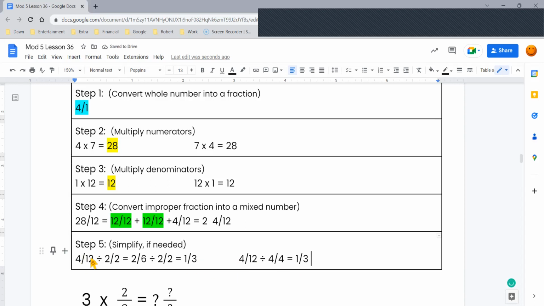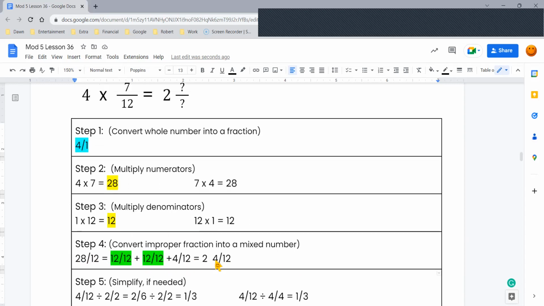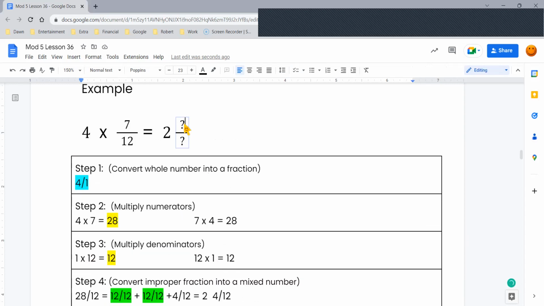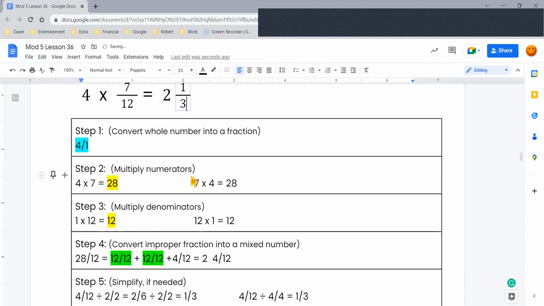If you just notice that 4 and 12 are even numbers and decide to take 2 out, and then you notice 2 and 6 are even, you get the same answer. It doesn't matter how you get it as long as you get it. And if you get it a different way, let me know so I can learn a new way. So our answer is 2 1/3.